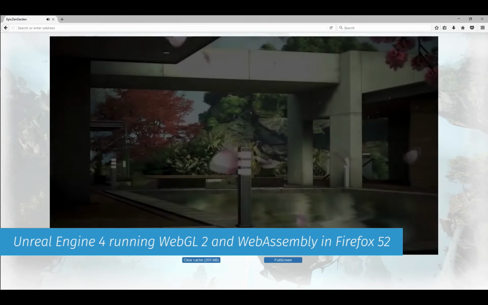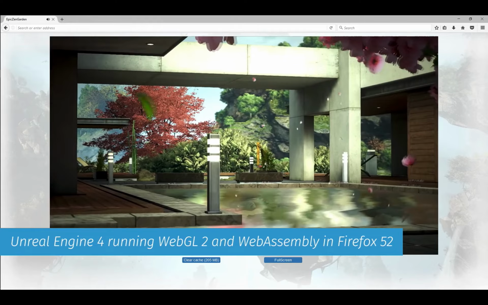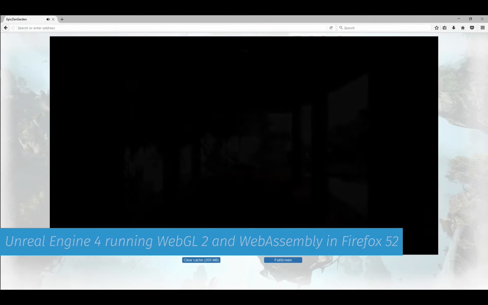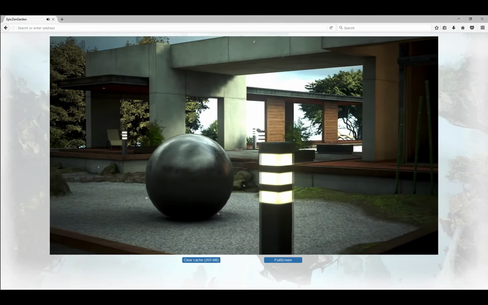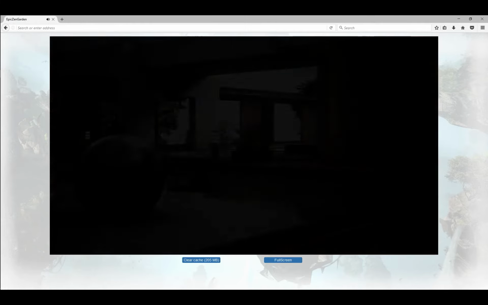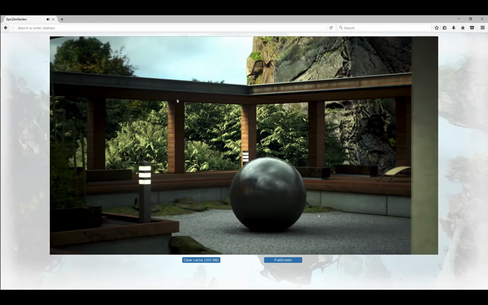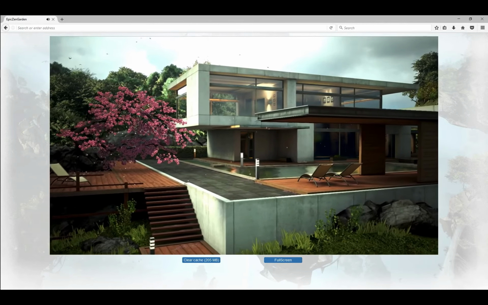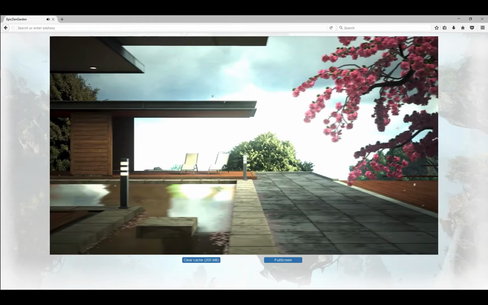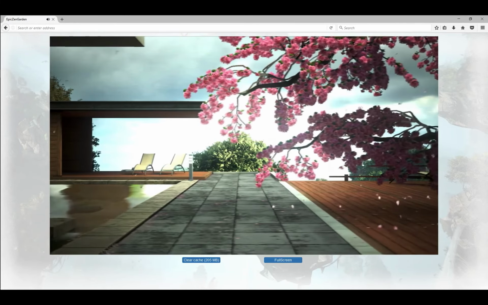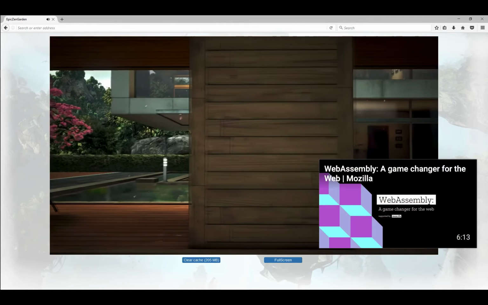What we're looking at is Unreal Engine, which makes Unreal, the video game system a lot of games are based on, running without modification inside a web browser, inside the virtual machine of the computer, inside the web browser.